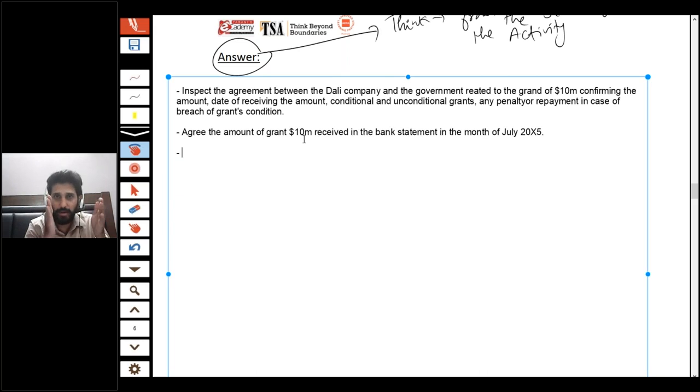Inspect the bank statement for the month of July 20x5. Inspect the bank statement to verify the amount received. And I have written it in a different manner, that agree the amount of $10 million received in the bank statement, right? So this was yet another procedure.